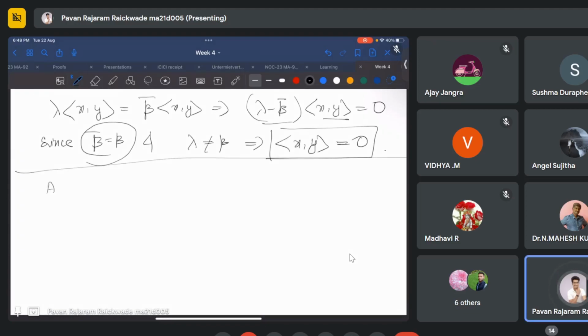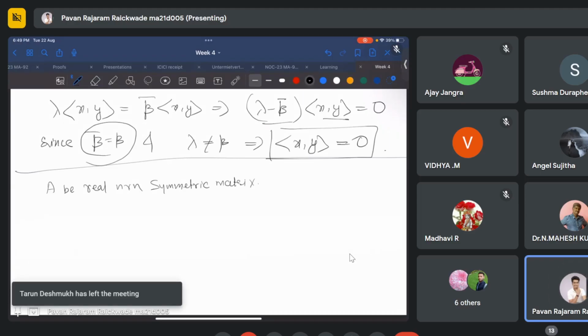See, A is a real 3 cross 3 symmetric matrix, or any, need not be 3 cross 3, an n cross n real symmetric matrix. The claim is that eigenvectors corresponding to distinct eigenvalues are orthogonal.